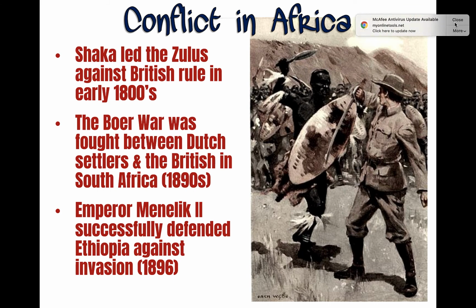And that is why you saw on that map a while back only two nations remained independent of European rule: Liberia, and I explained why, and Ethiopia. This was because Emperor Menelik II defended Ethiopia against invasion and kept Ethiopia free, which was very, very good for the people.